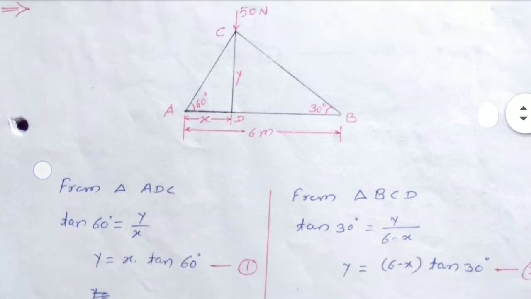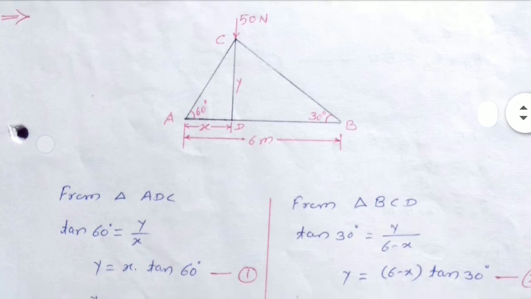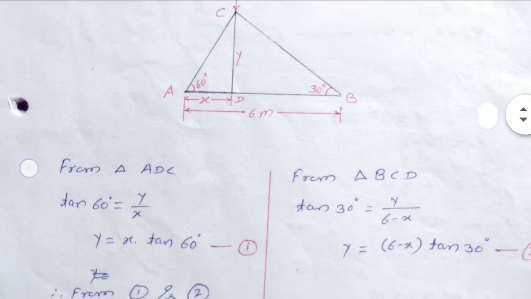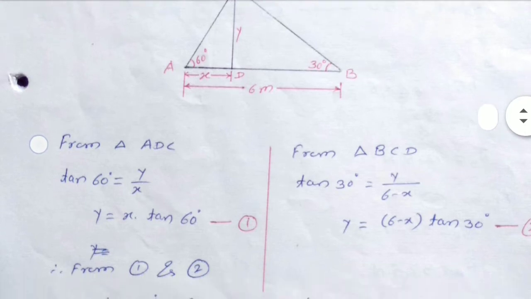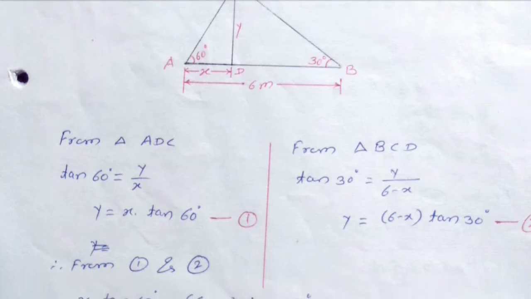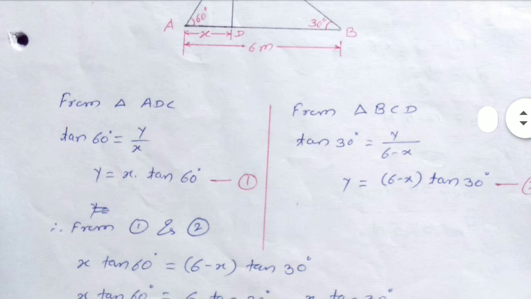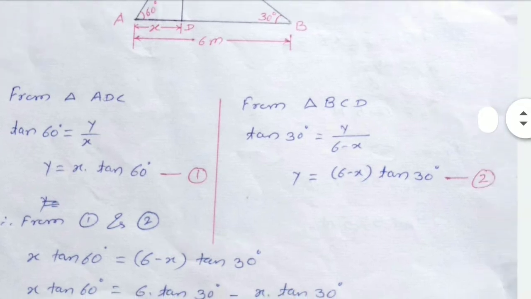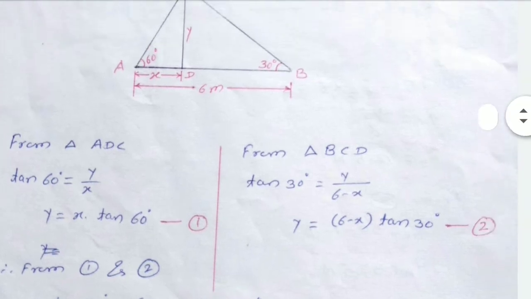From ADC, we know that tan theta is nothing but opposite upon adjacent. So tan 60 is opposite y upon adjacent x. So y is equal to x tan 60. This is your equation number 1. Now from BCD, again we are taking the trigonometry. Tan 30 is again opposite upon adjacent.